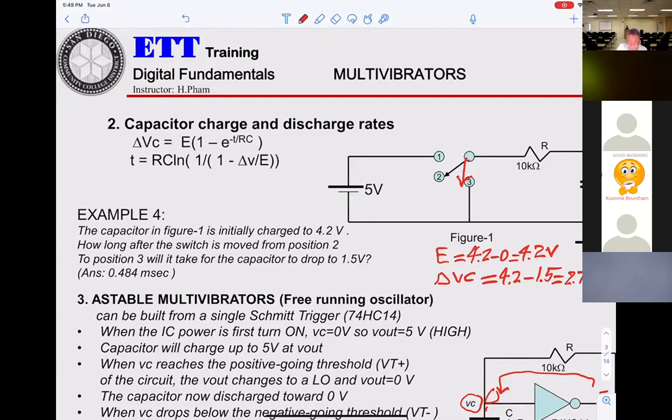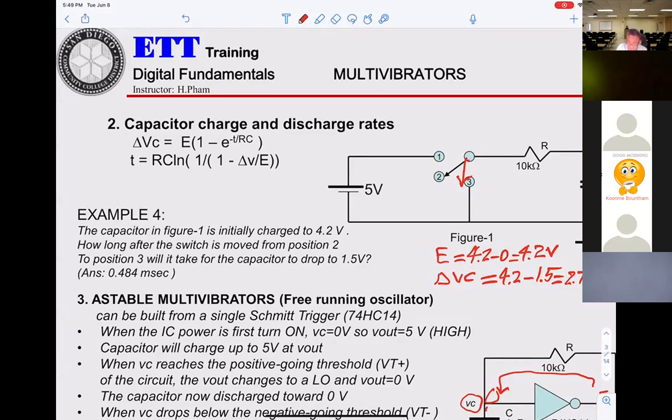So we need to know what delta VC is. Initially, they got 4.2, and now it will be discharged to 1.5. So the voltage the capacitor is discharging will be 4.2 minus 1.5. You get 2.7 volt.